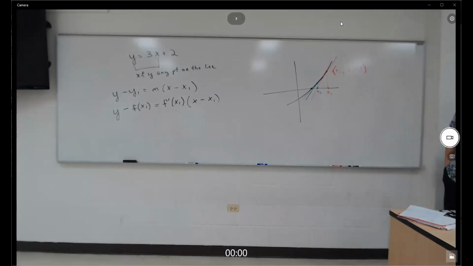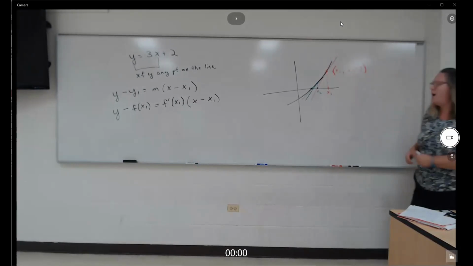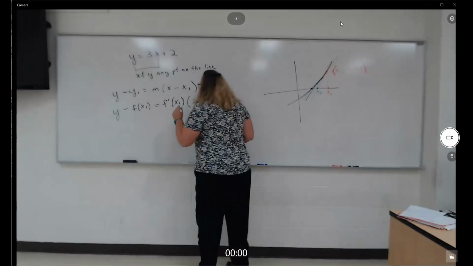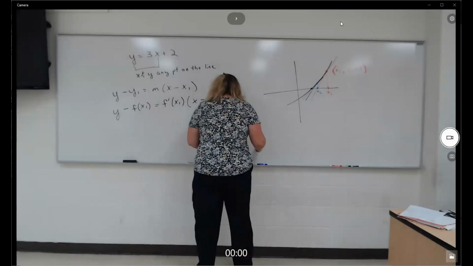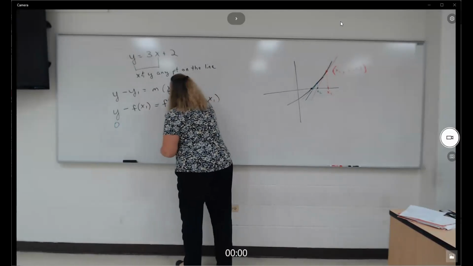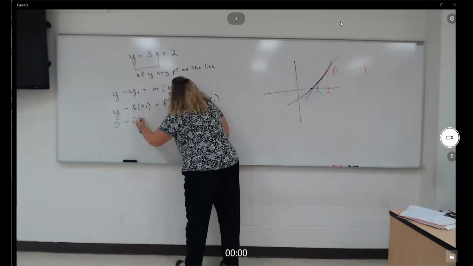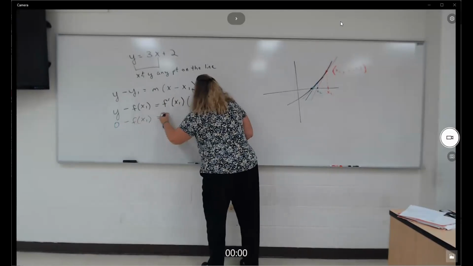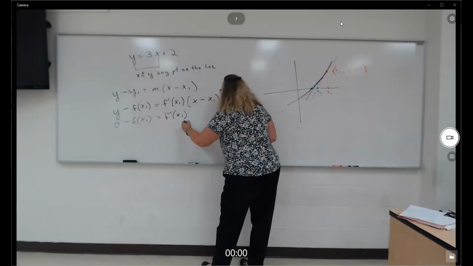The y is 0. So the point that I'm actually looking for, let me write it like this: 0 minus f of x1 equals the derivative at x1.